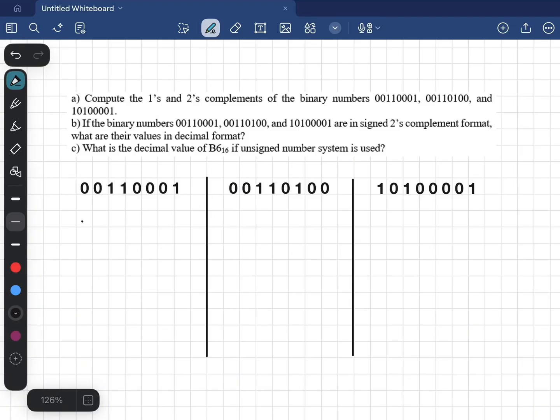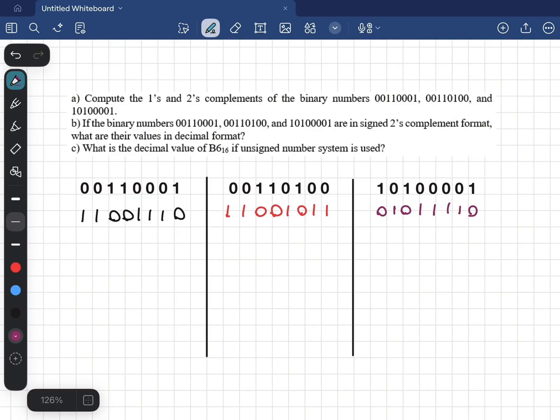Like I mentioned previously, to find the 1's complement, we're going to perform a not operation and change every 0 to a 1 and every 1 to a 0. So starting off, we will change the 0's to 1's and 1's to 0's. And just like that, part 1 is finished.